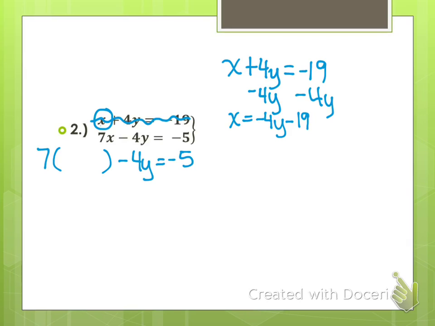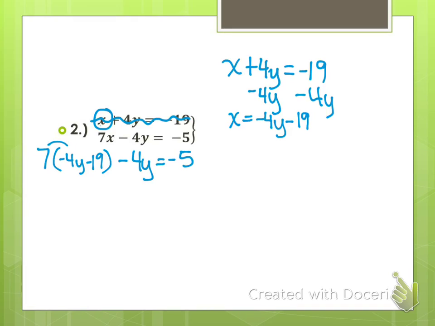In that blank, what am I going to write? Good. -4y minus 19. Now we just have to solve this equation.